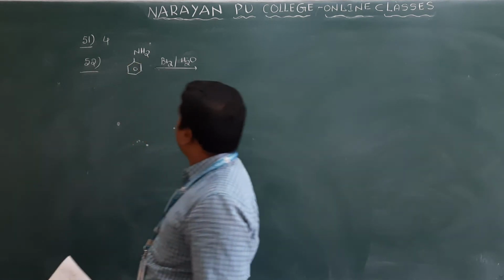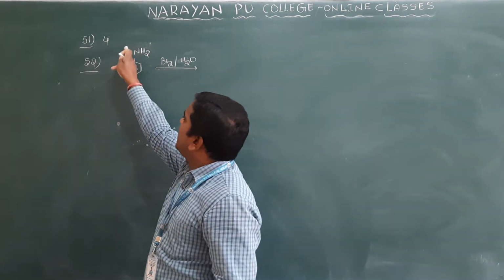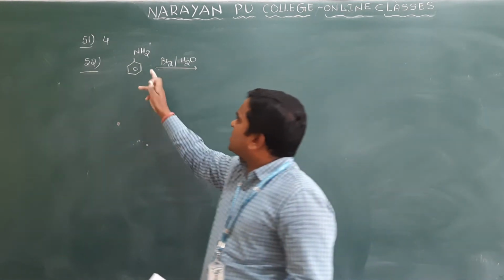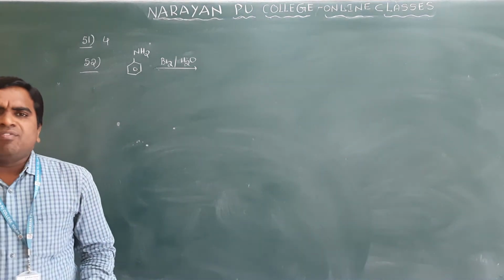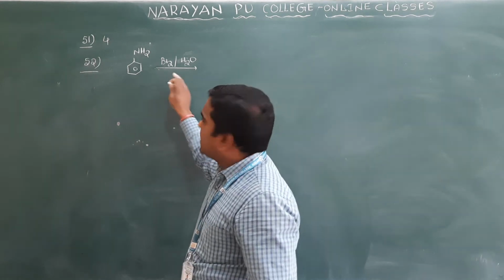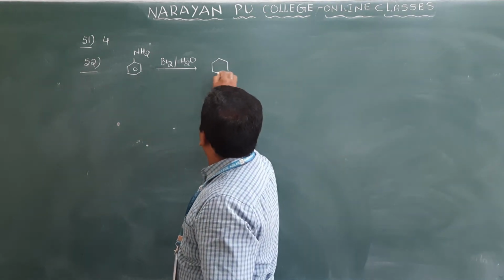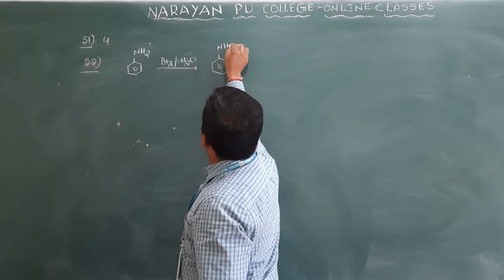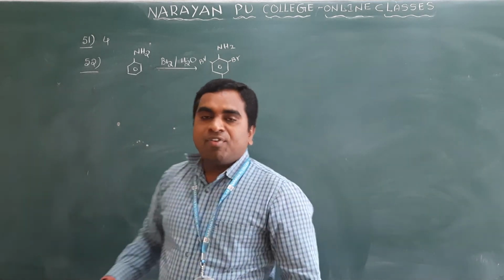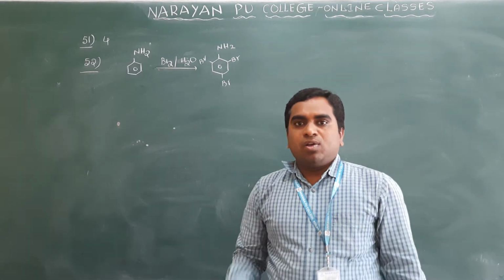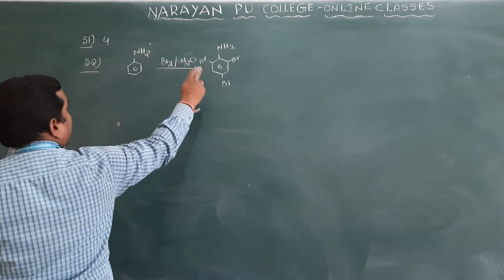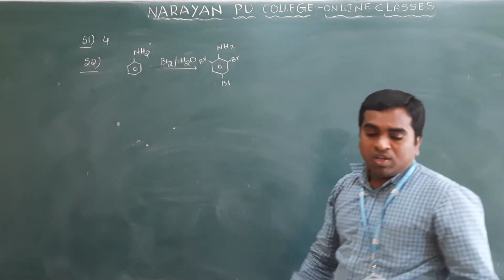NH2 is a highly electron donating group, so it activates the ortho and para positions to a very high extent. Without any FeCl3 or AlCl3 catalyst, you get a compound with NH2 and bromines at the 2, 4, 6 positions. Like phenol in bromine water gives 2,4,6-tribromophenol, in the same way with NH2 you get 2,4,6-tribromoaniline.